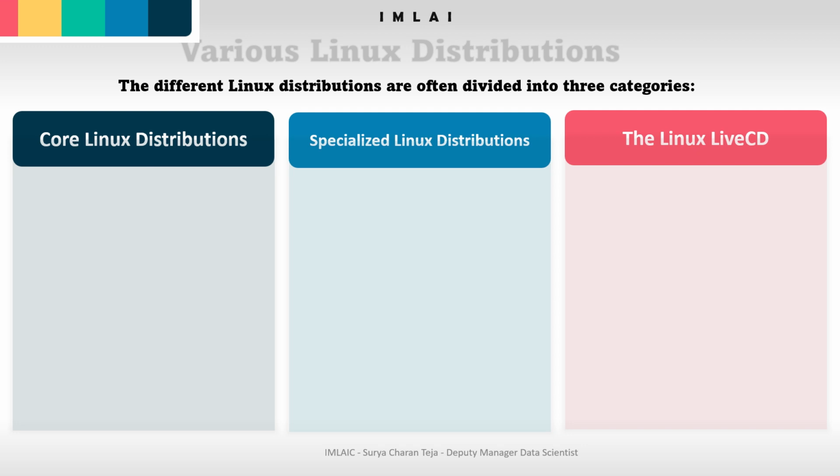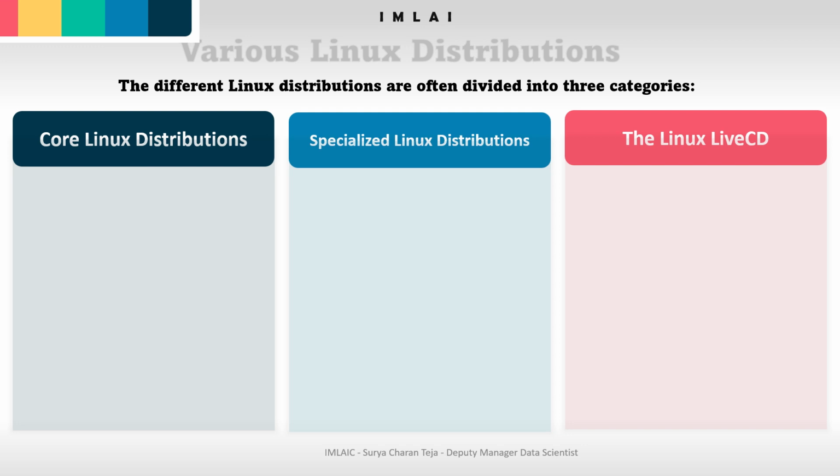Each customized distribution includes the software packages required to support specialized functions, such as audio and video editing software for multimedia enthusiasts, or compilers and integrated development environments for software developers. So let's begin, and let's look into each distribution that is available based on need.